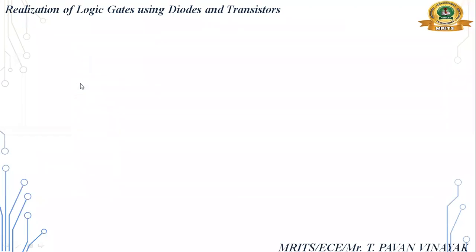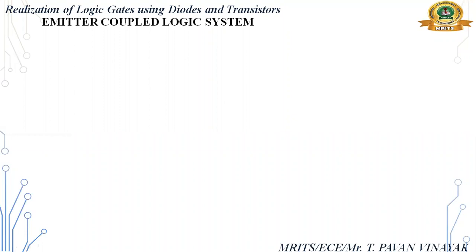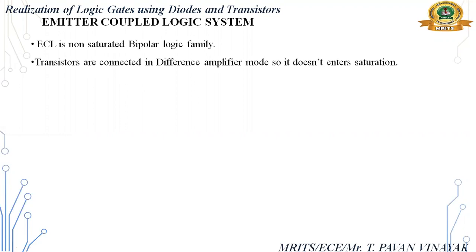Next, ECL, emitter coupled logic. See, emitter coupled is in the name itself: emitters are coupled to each other. It is a non-saturated bipolar logic family, meaning the transistor operates in the active or cutoff region only.